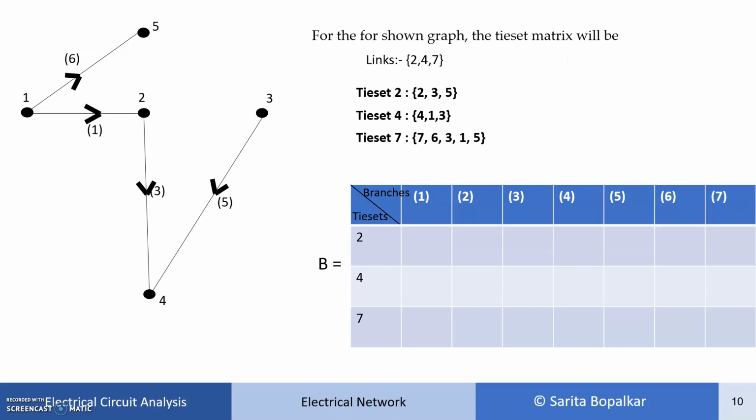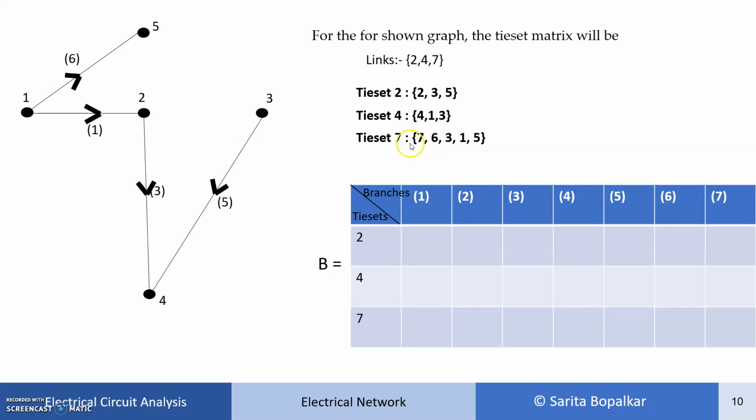Whatever the orientation of your link, this 2, 4, 7: for tie set 2, the orientation is according to branch current 2; for tie set 4, according to branch current 4; and for tie set 7, according to whatever the orientation of branch current 7.